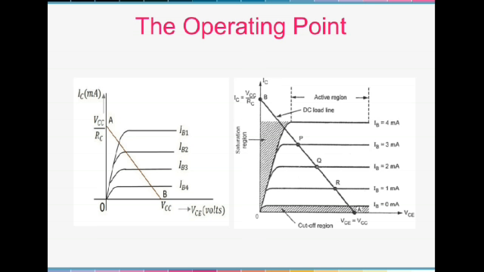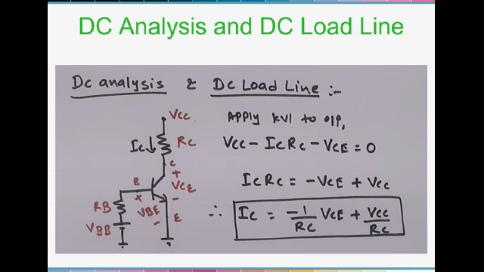The point Q is situated in the active region. Always it is advisable to fix the operating point in the active region only. In the middle of the active region, we place the Q point for the transistor to function properly.